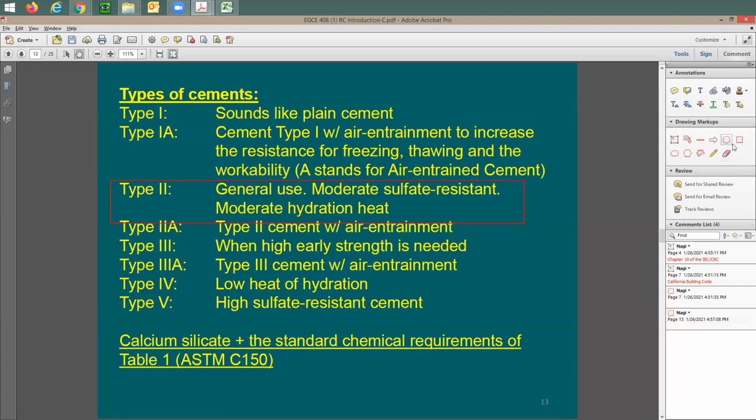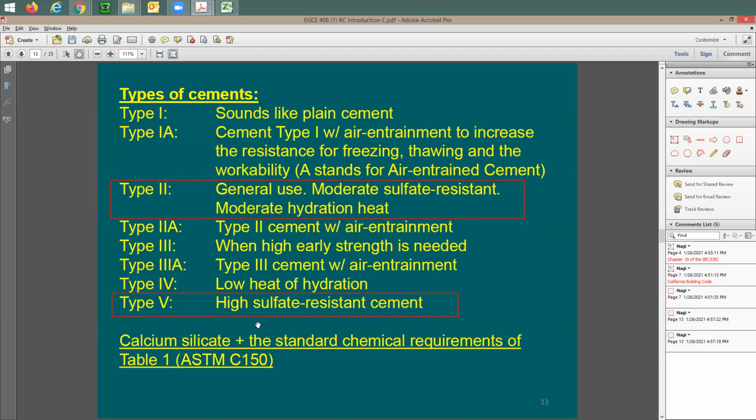And the other famous type is type 5. These are the two common types that we use here, let's say in Orange County, in LA County, in California. Type 2 is common. This is like the normal cement. We don't call it type 1. This is type 2 that you use in construction and building anything out of concrete.